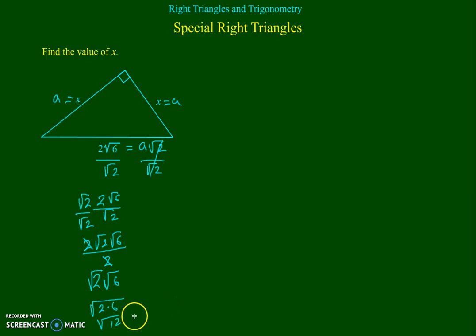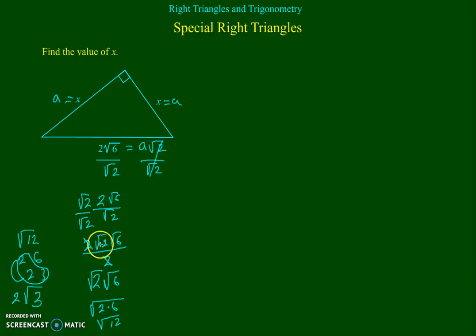Now this we would have to simplify, and so to simplify the square root of 12, 2, the first prime number, goes into 12 6 times, 2 goes in 3 times. So we have this pair here. So that pair comes out as one of those numbers, 2 square roots of 3.